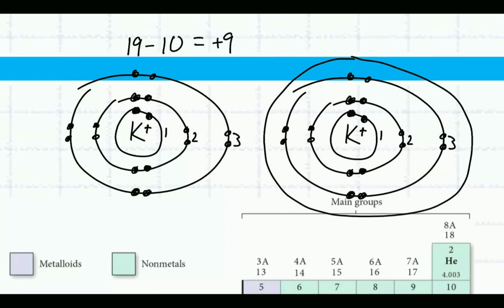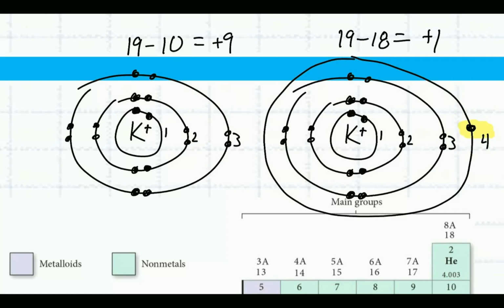I think once this picture makes sense, it makes this, in my opinion, pretty easy. So now these n equals 3 electrons are also core electrons. So instead of being 10, it is 18. So it's 19 minus 18 equals plus 1. That's huge.